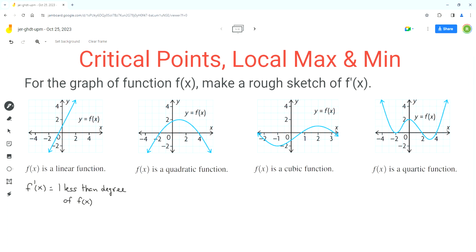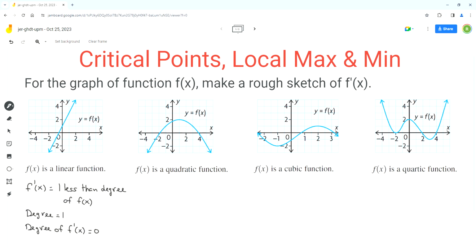Now the first function is a linear function. For a linear function, we know that the degree is equal to 1. So that means the degree of f prime of x will be equal to 0, because the degree of f prime of x should be 1 less than the degree of f of x. Therefore, f prime of x is a constant function for this linear function.